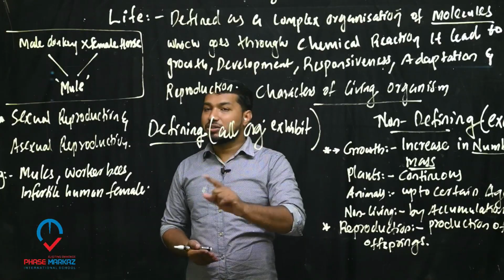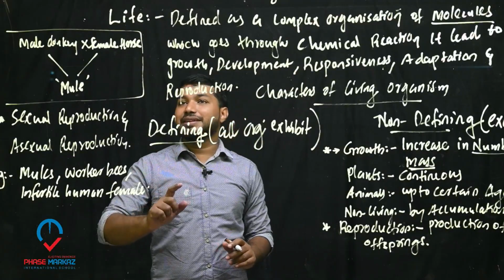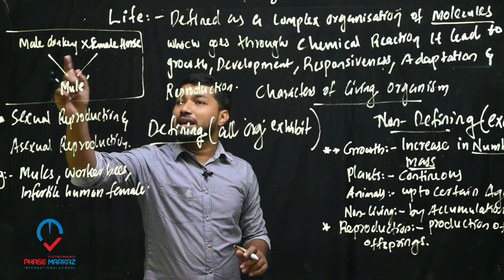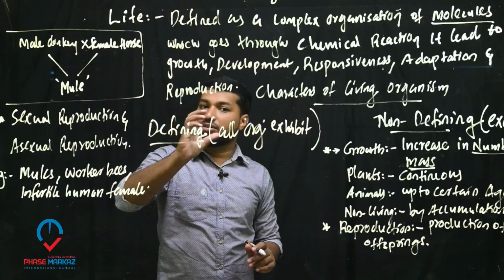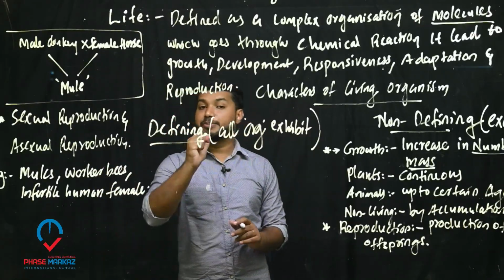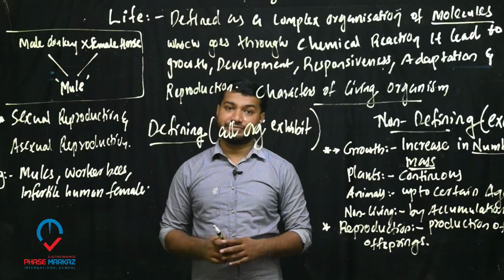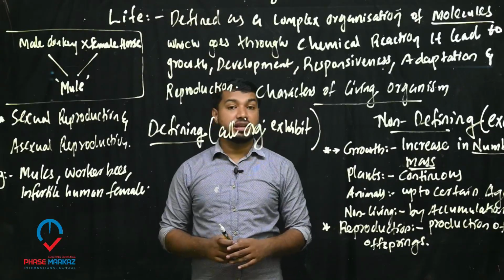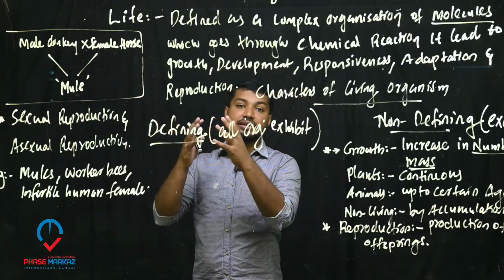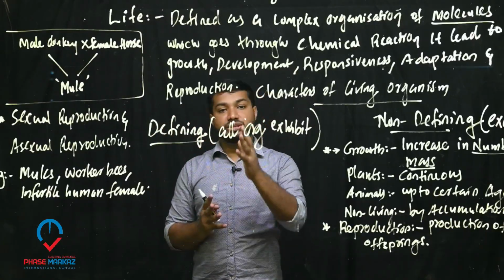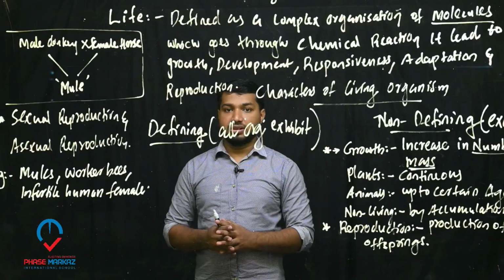So my question is, what will happen if a male horse with a female donkey produce an organism? What is the name of that organism? Find out. If you are not getting the answer, during the discussion I will explain. A few examples of different species crossing, during discussion time I will explain.